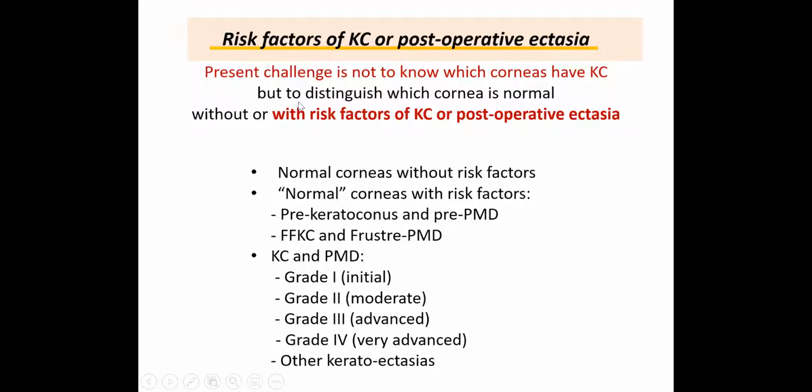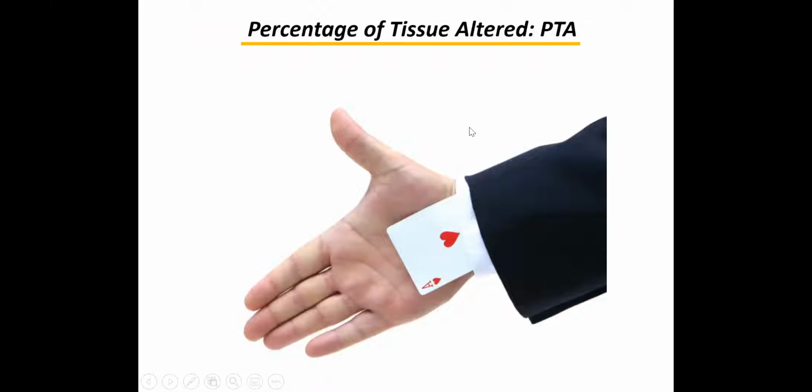And our present challenge is not to discover normal or diseased corneas, but to distinguish which cornea is with and which cornea is without risk factors. So we have another ace in the sleeve, and this is the PTA with the Galilei.